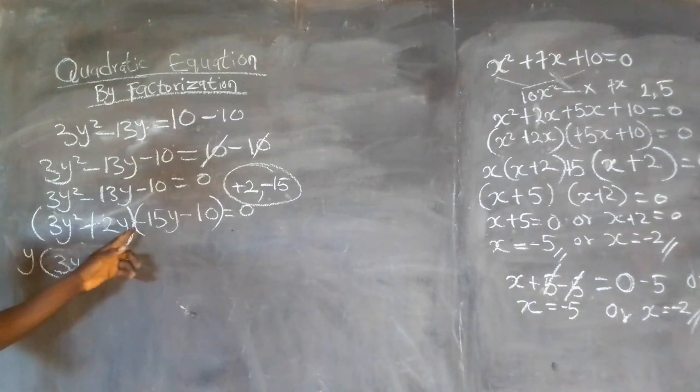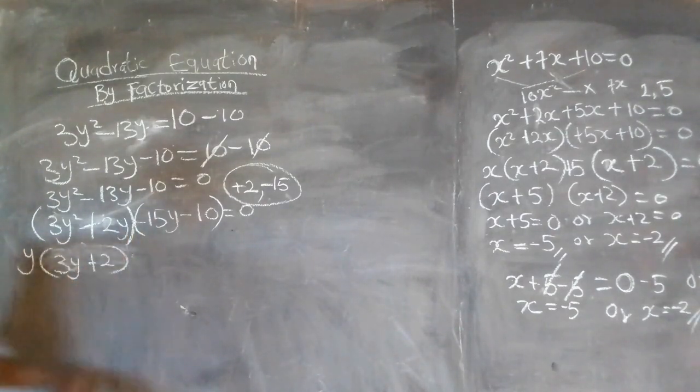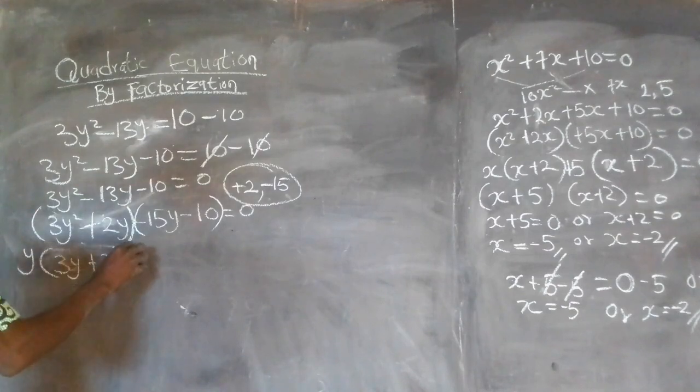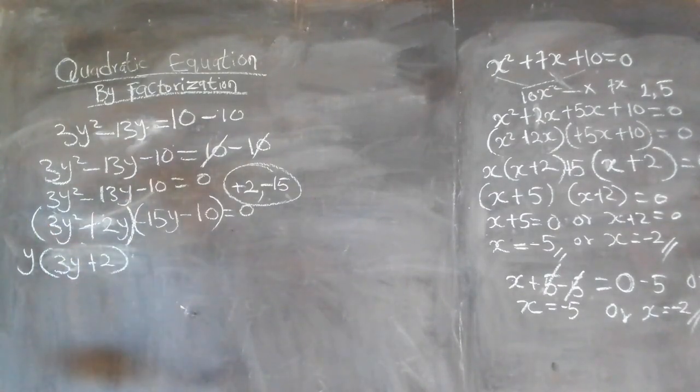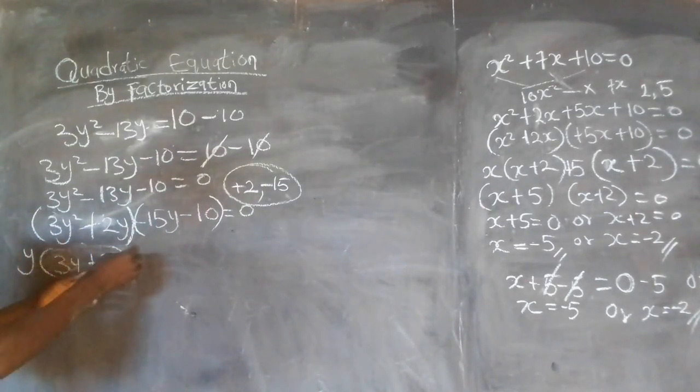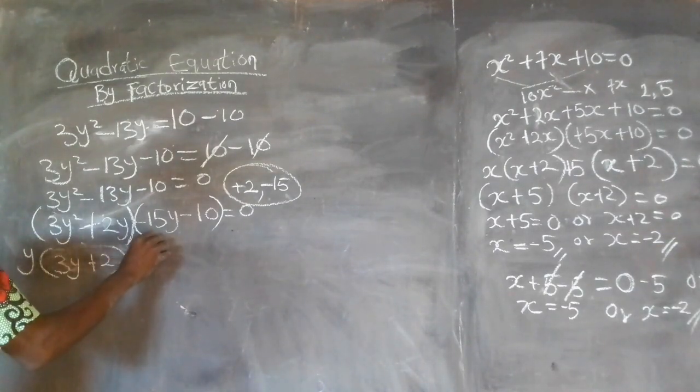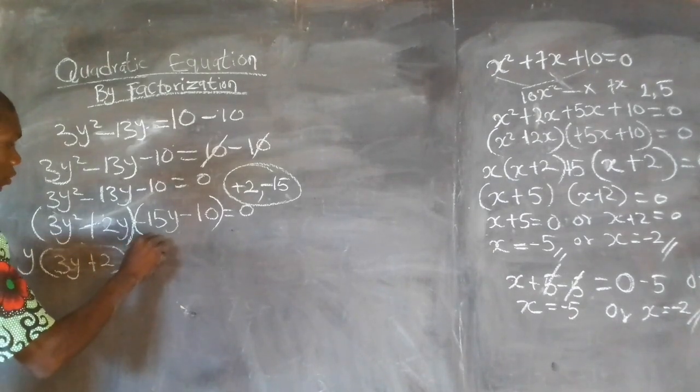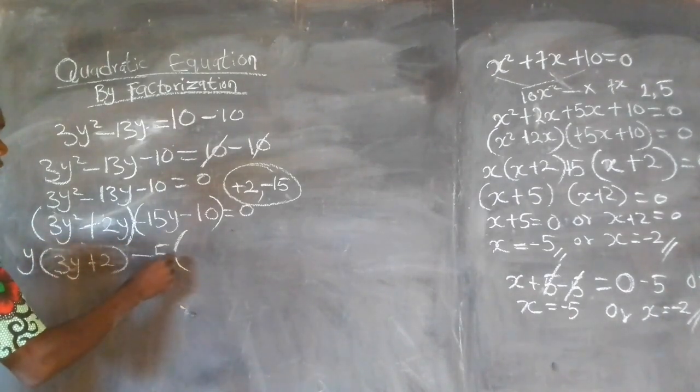So another problem is there: is it minus 5 or plus 5? If you use minus 5, what will be the outcome? Or if you use plus 5, check very well. So let's say minus 5 here.